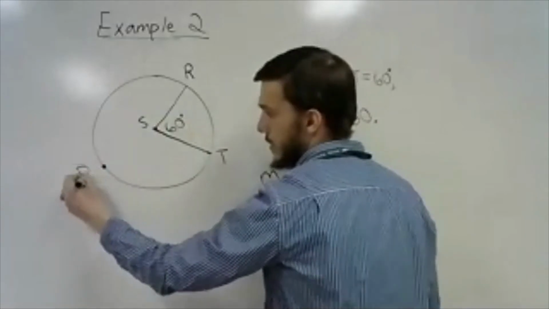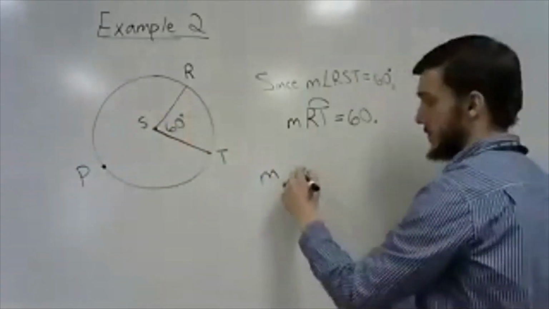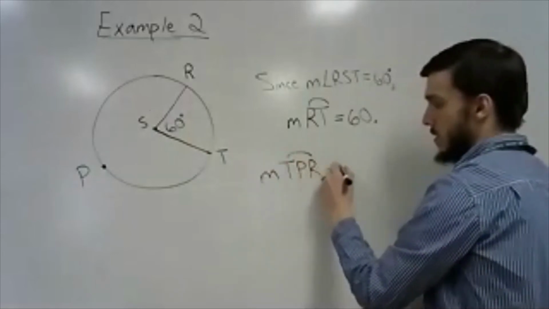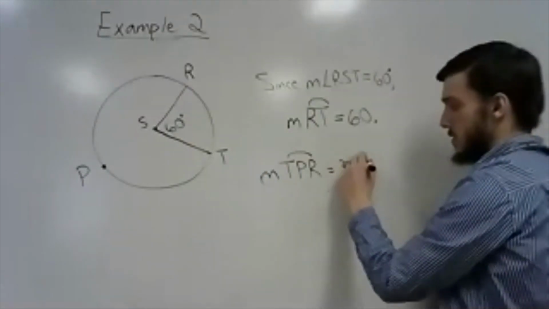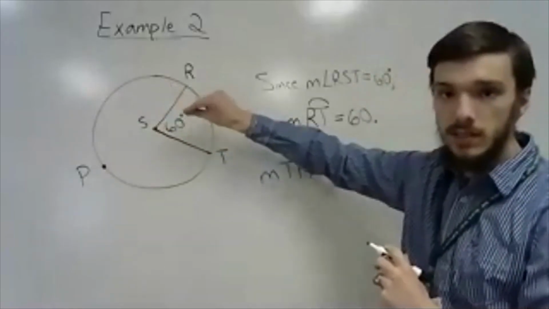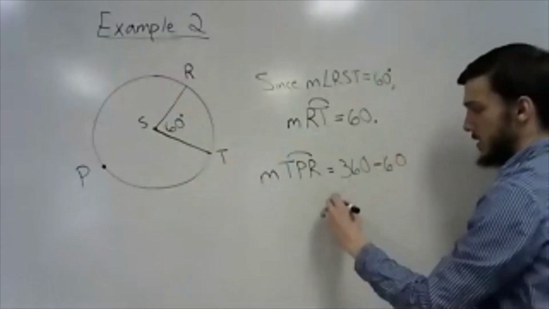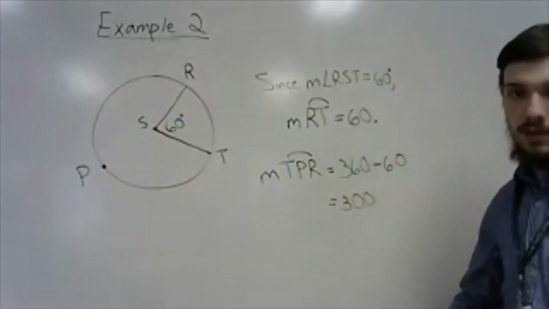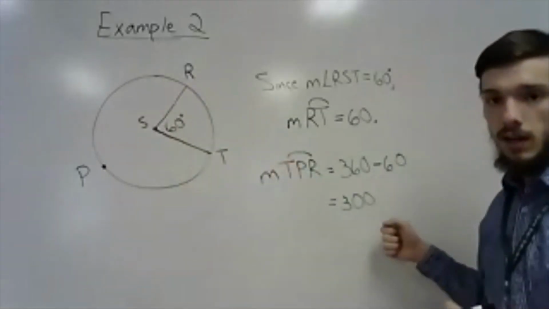We'll call that P. To find the measure of the major arc TPR, we have to take 360, which would be the entire circle, and we have to subtract this minor arc. So 360 minus 60 equals 300. Therefore, the measure of arc TPR is 300.